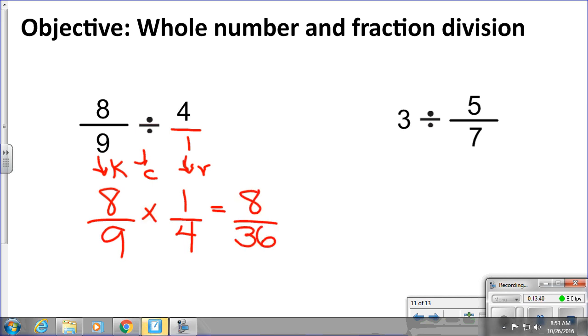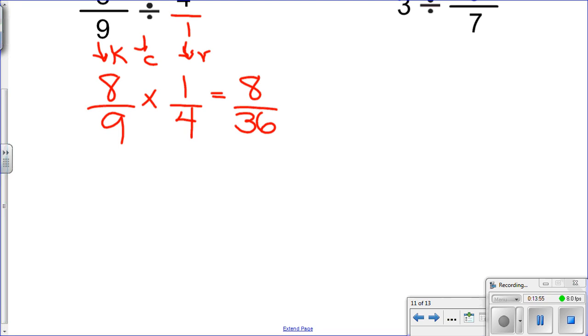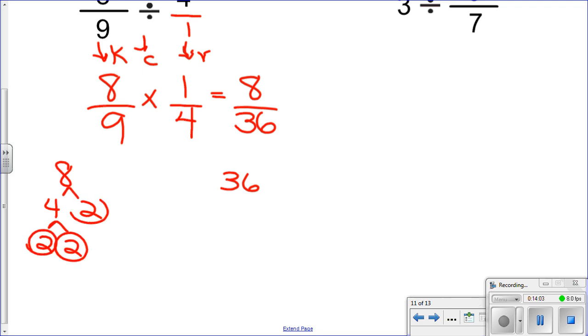Now, this can be simplified, and I'm going to show you something right now that you guys know how to do, but you've never seen it work with simplifying a fraction. You can use a Venn diagram to simplify a fraction. Prime factor the numbers, placing the numbers in the circles, exactly what you've been doing this entire second part of the unit.